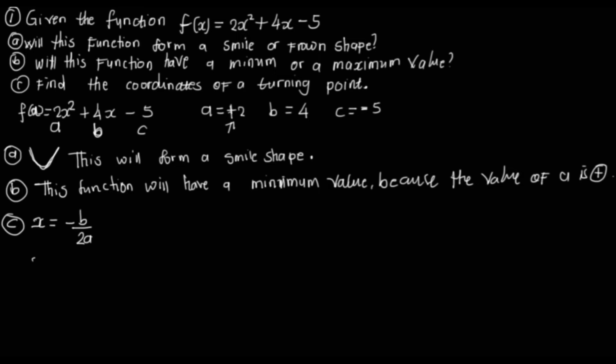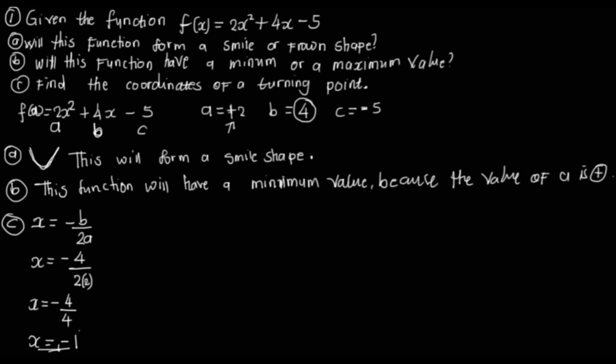We substitute: b is equal to 4, and a is equal to positive 2. So we have negative 4 over 2 times 2, and we get x is equal to negative 1. So the turning point of this function for x is negative 1.